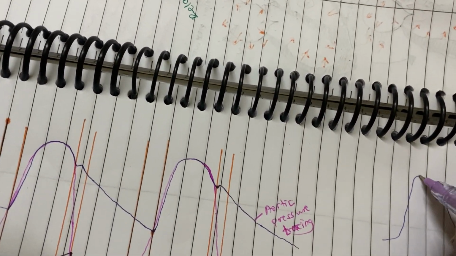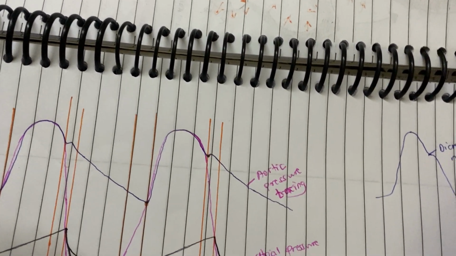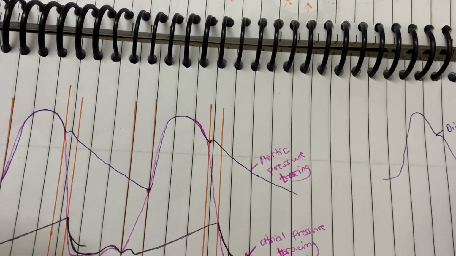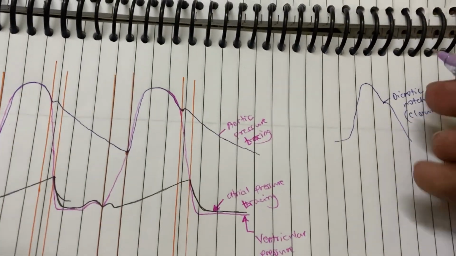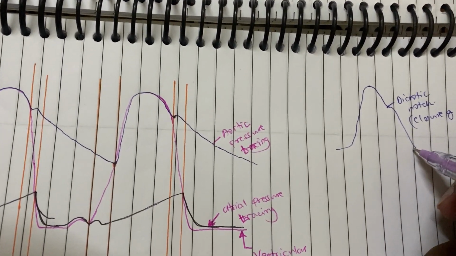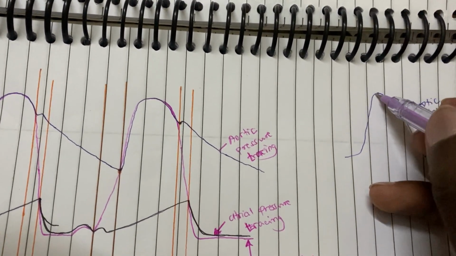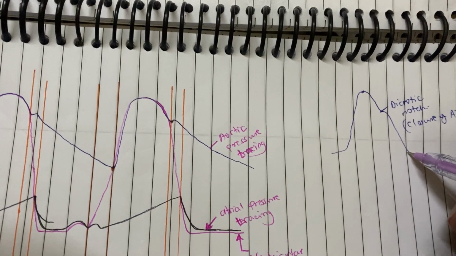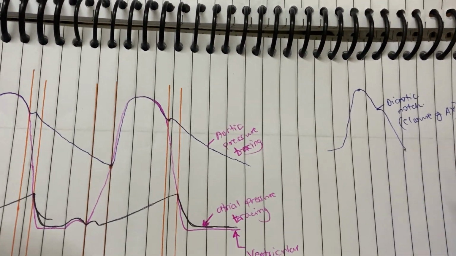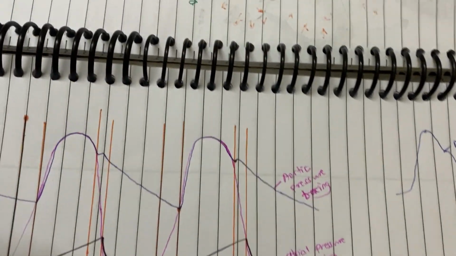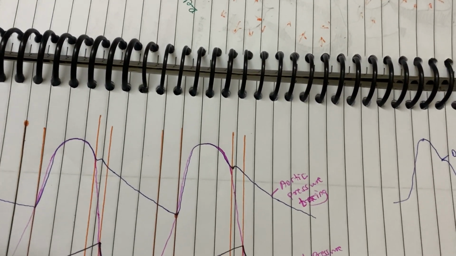This is systolic pressure, closure of the aortic valve. The aortic valve closes at this point, at the dicrotic notch. And then this is diastolic pressure. Peak systolic, this is diastolic, and diastolic is here.